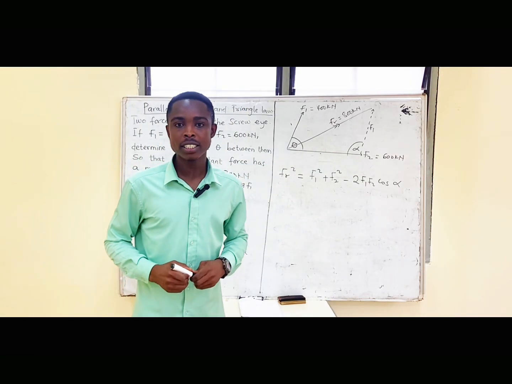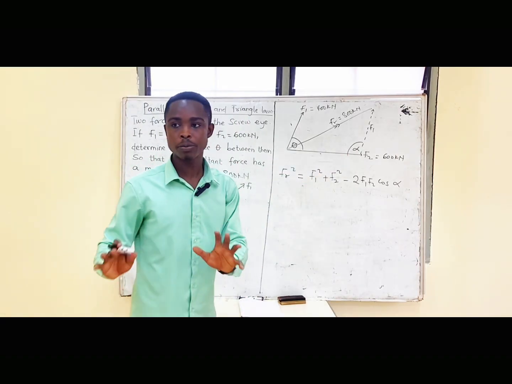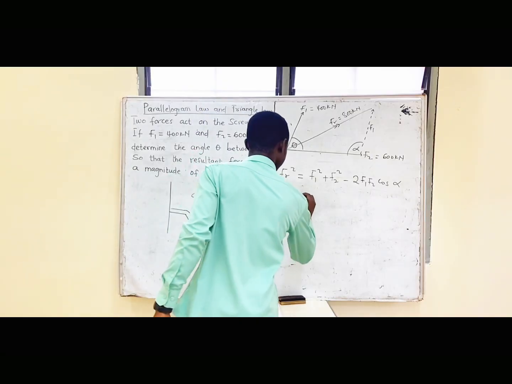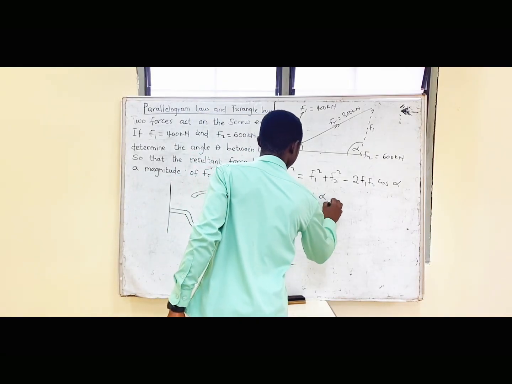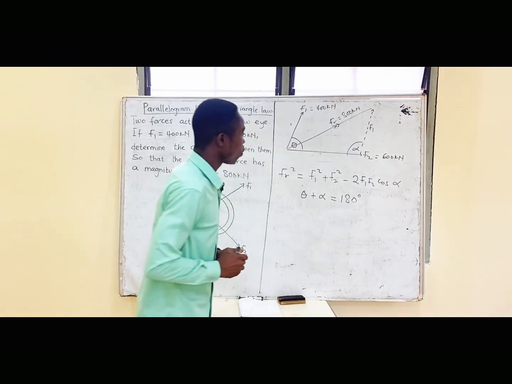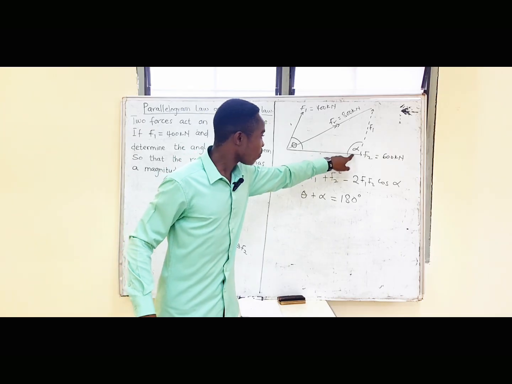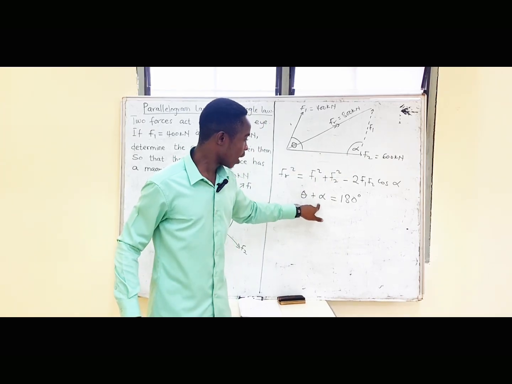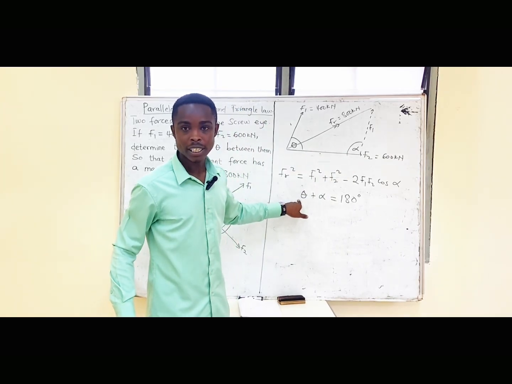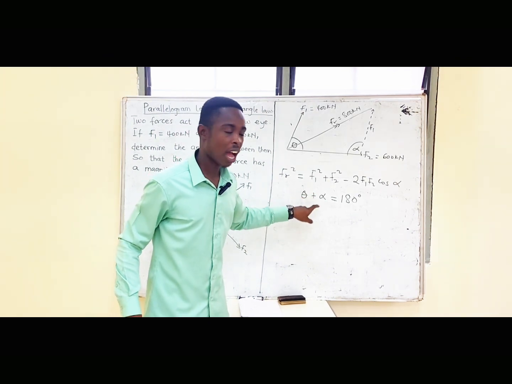One of the properties of a parallelogram is that adjacent angles sum up to 180 degrees. So theta plus alpha equals 180 degrees. So with this formula, we can calculate alpha and use it to get our theta, because the question demanded that we calculate theta and not alpha.